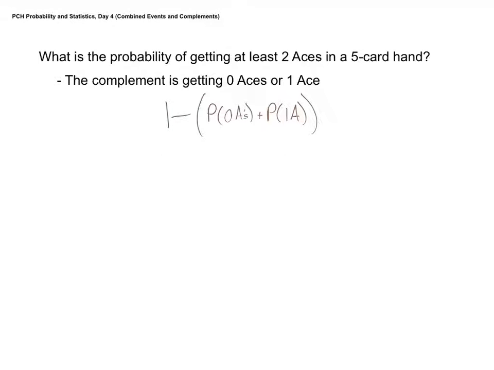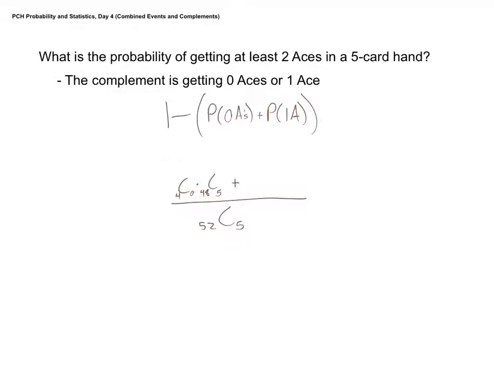Okay? So as we saw before, 52 choose 5 is the total number of 5 card hands you could get. The probability of not getting any aces would be, you have 4 aces, you don't want any of them, times you have 48 other cards and you want all 5 to come from them, right?